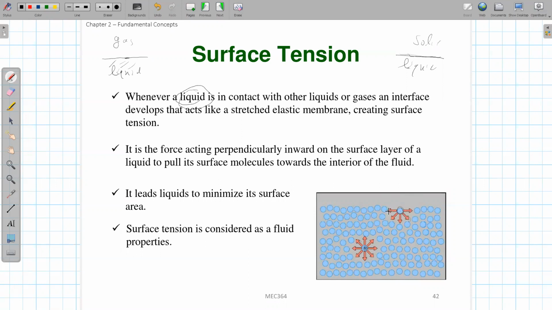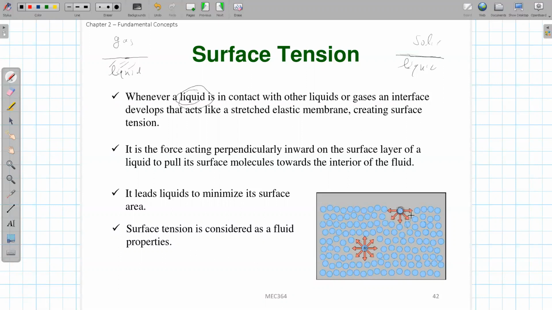If all of these are attraction forces, basically they will try to drag this surface particle to the inside of the fluid. The net force will try to drag this particle to the inside of this fluid. And because the net force is not zero, this force brings the surface tension.